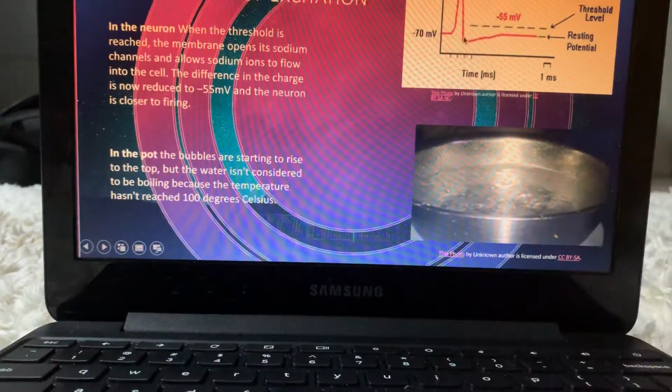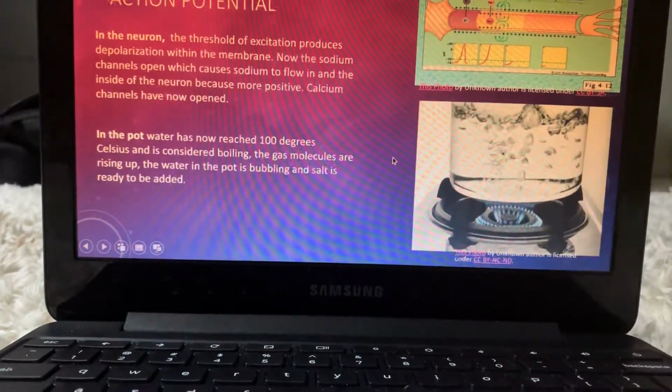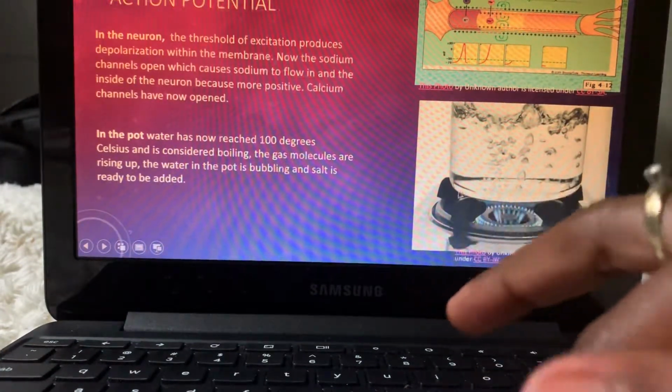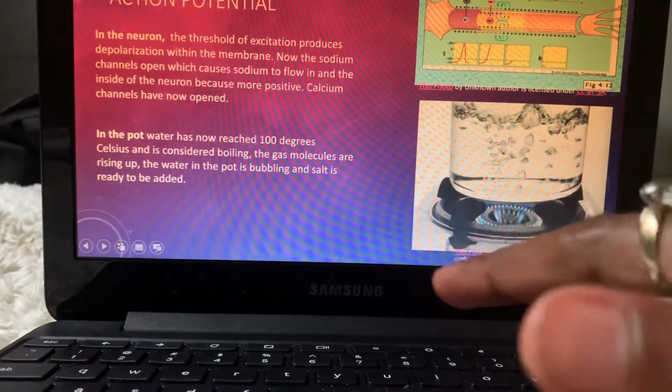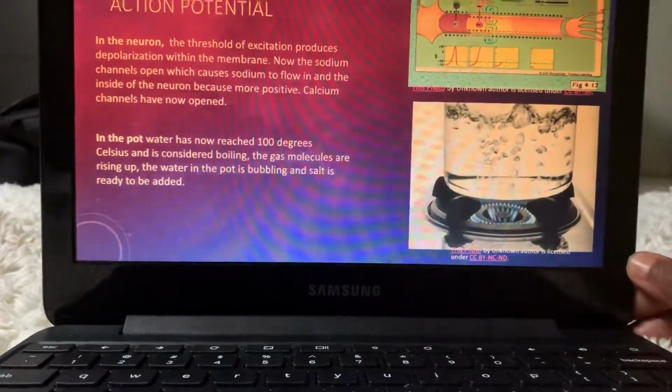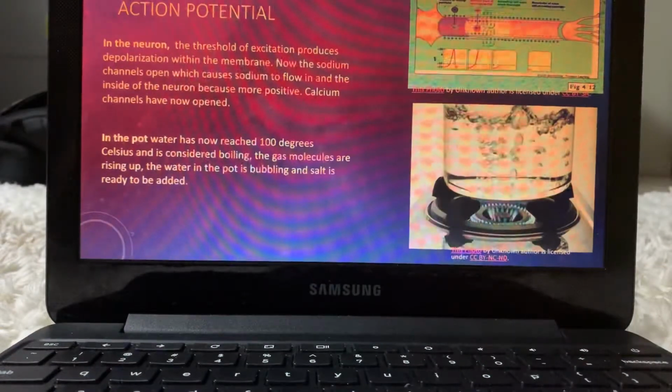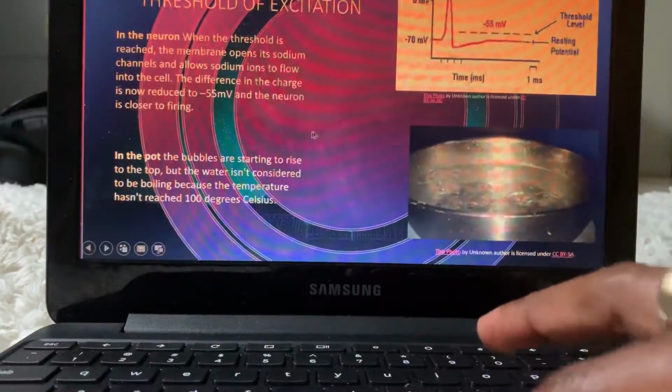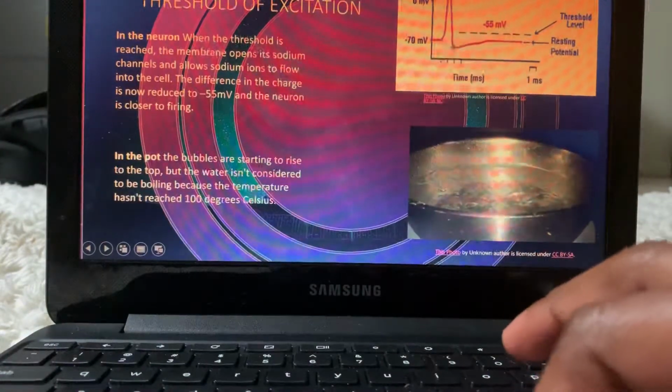We have fired. And going back to the pot, our water is boiling, bubbling, gas molecules are rising up, and we are ready to put in salt so that it may dissolve, and we could put our spaghetti in. And going back to the chart, right here is the absolute refractory period.